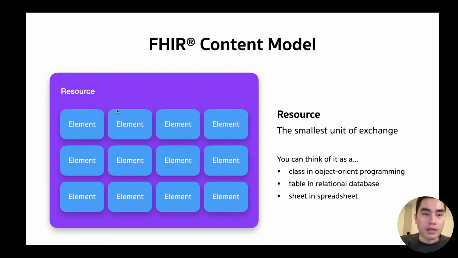You have to put it inside the resource before you can exchange the information. So resource is the smallest unit of exchange in FHIR. Maybe you can think of a resource like a class in object-oriented programming, or a table in a relational database, or a sheet in a spreadsheet.